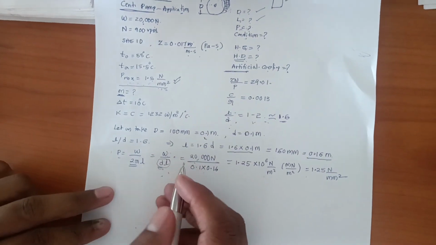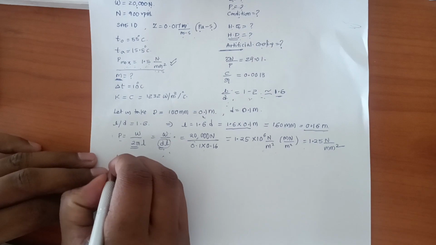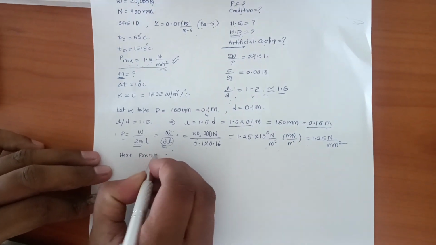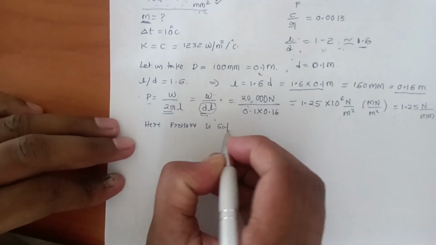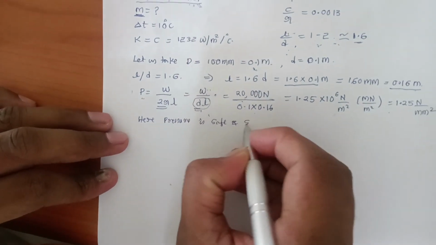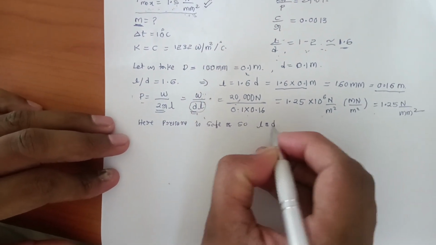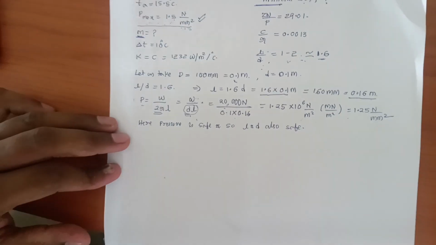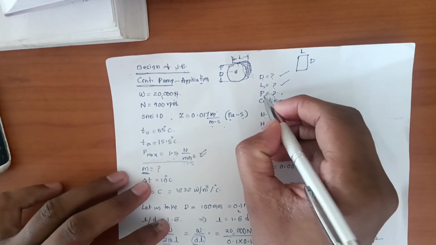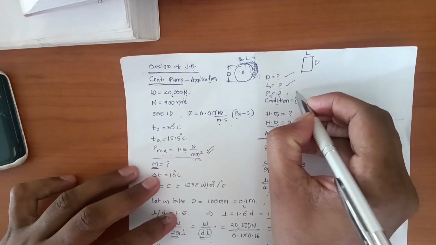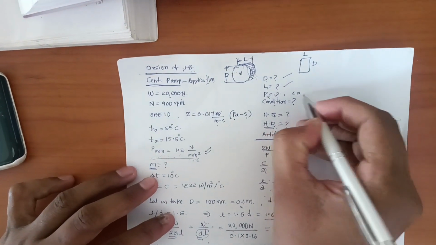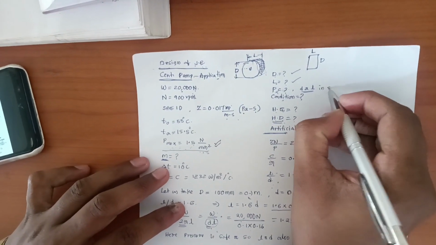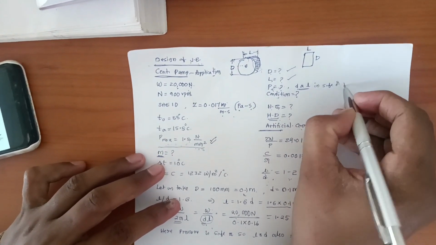So you can write the comment here: pressure is safe, so L and D are also safe. Here you have checked the pressure, and also checked whether D and L are safe or not.